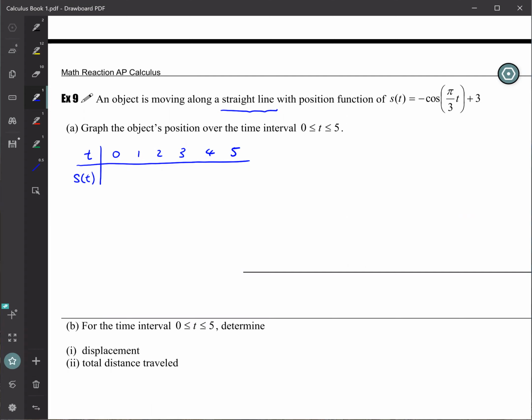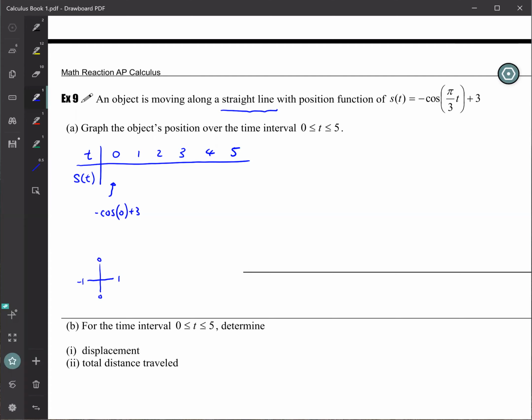For example, I'll show the first one. If I plug in 0, s of 0 will be negative cosine of pi over 3 times 0, which is 0, plus 3. Cosine of 0, think about the unit circle: cosine is 0 on the top and bottom, 1 and negative 1, so cosine of 0 is 1.